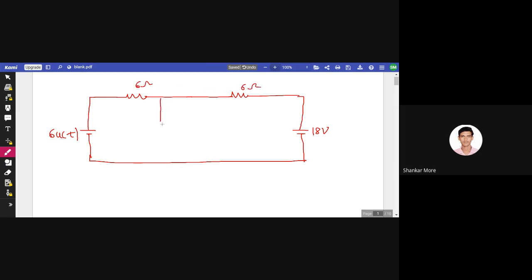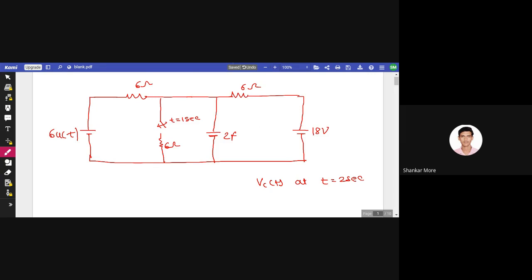We had one switch here, and I think a resistance is also here. Then we had a capacitor here, which is 2 farad, and this switch is closing at t is equal to 1 second. This is 6 ohm. And now what we are going to do is find out Vc of t at t is equal to 2 seconds.